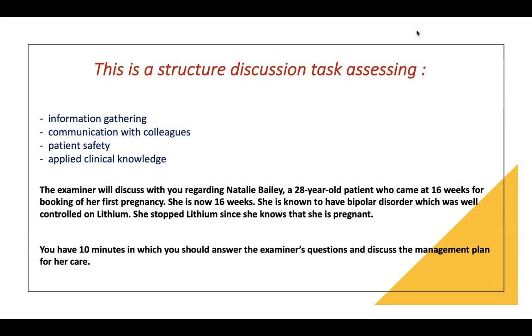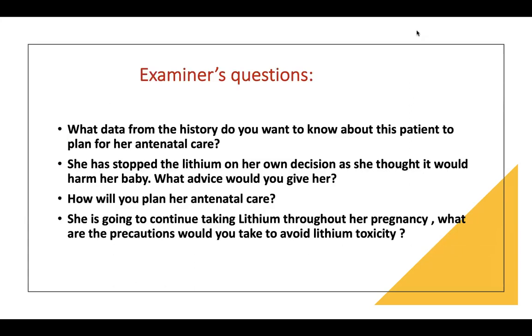I got some examples from the possible questions that might be in the examiner's file. So the first question: what data from the history do you want to know about this patient to plan for her antenatal care? If you got this question, you need to explore that you would ask all the items about the history of the patient.